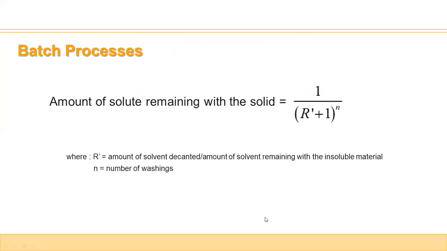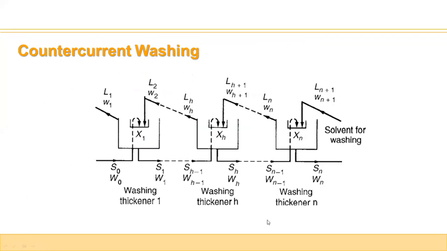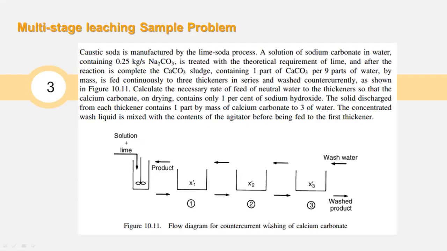The illustration in this case is similar to this one. The concentrated wash liquid will be mixed with the solid, in this case not the solution and the lime, but rather the titanium dioxide. The mixture of the two will be fed to the first thickener.